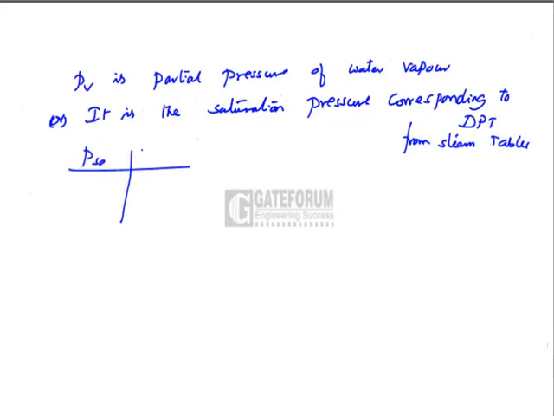If you look at PSAT versus TSAT, PV corresponds to the dew point temperature, PS will correspond to the dry bulb temperature.